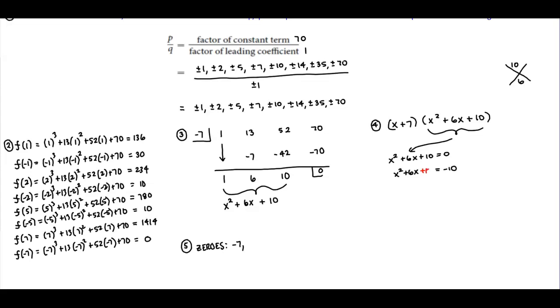We add n on both sides, where n is 1/2 of b, squared. We know that b is 6, so 1/2 of 6 is 3, and we square that to get 9.